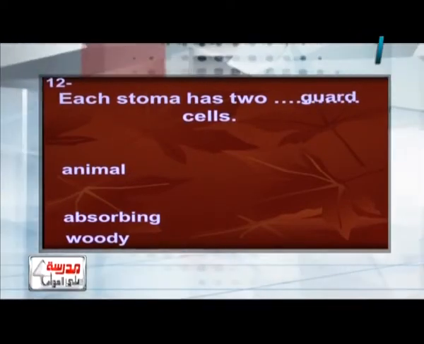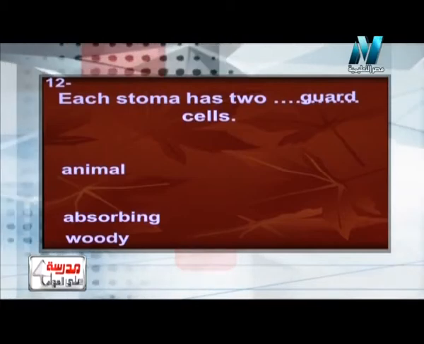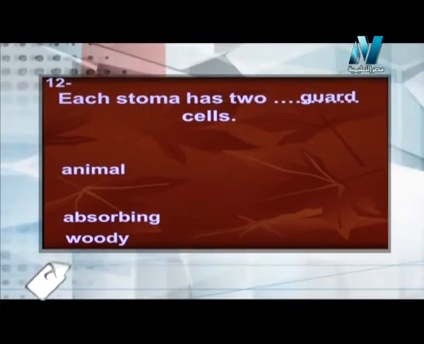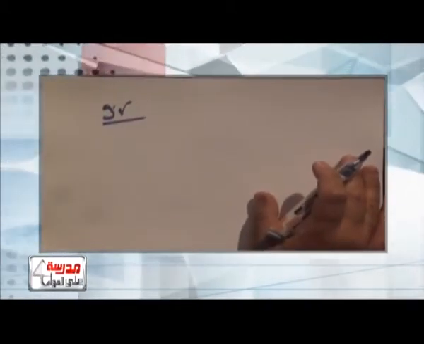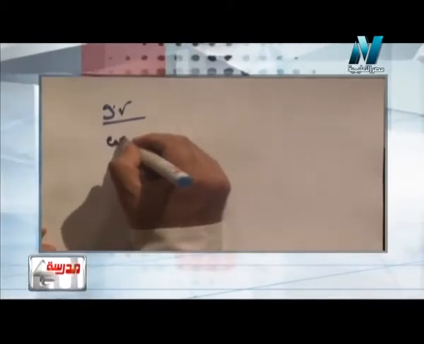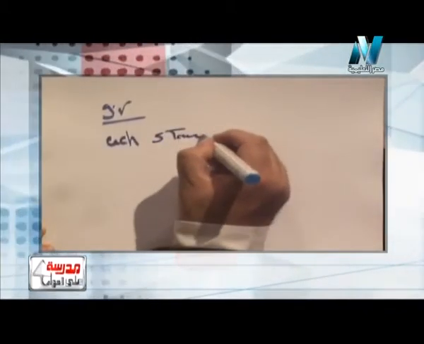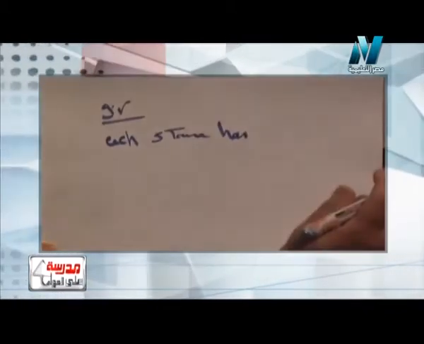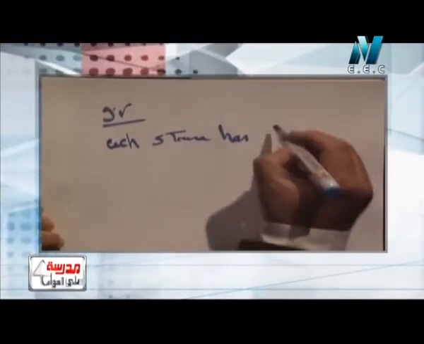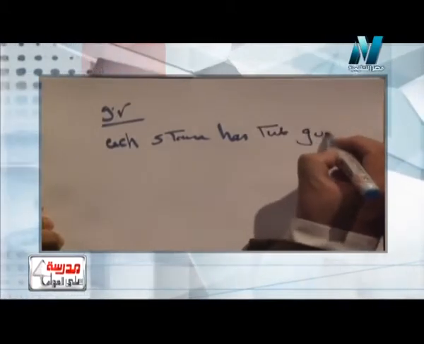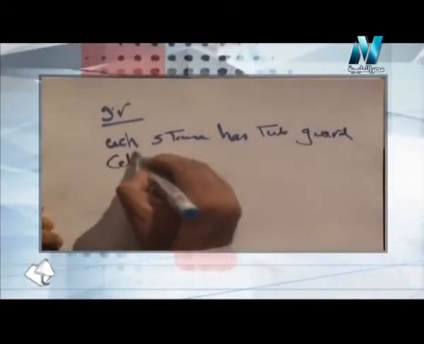Why? Give reason. Each stoma has 2 guard cells. Let me write this question because it's very important. Give reason why each stoma in the plant has 2 guard cells. Each stoma, or stomata: stoma is the singular, but stomata is the plural, has 2 guard cells. Why?